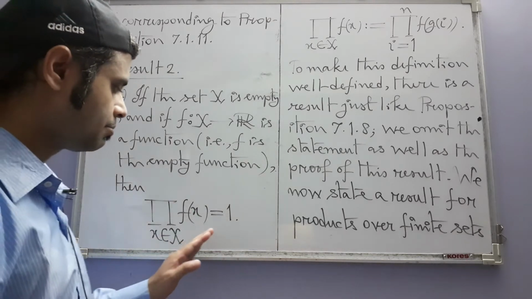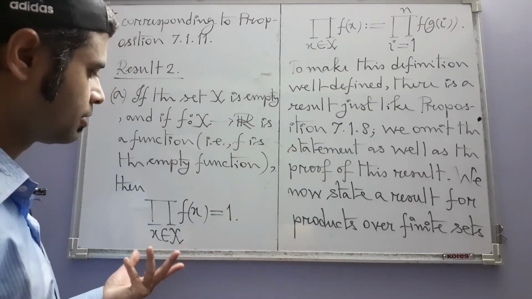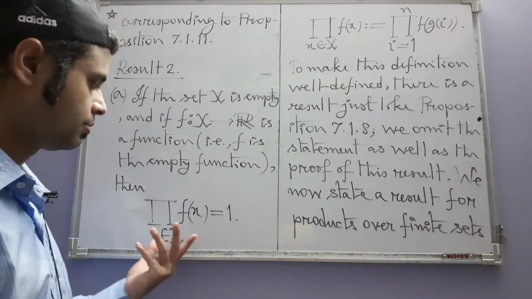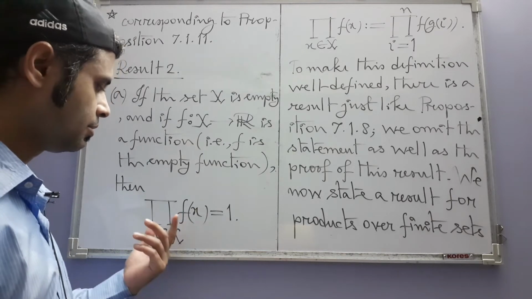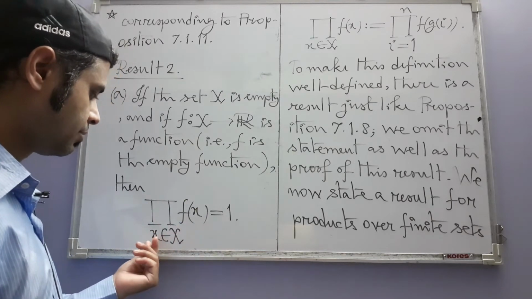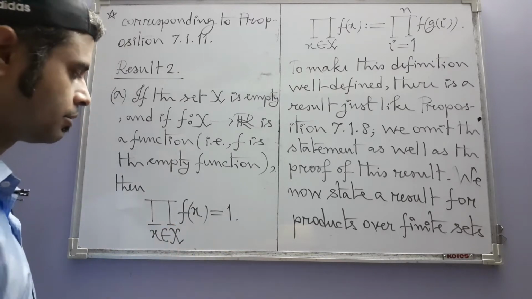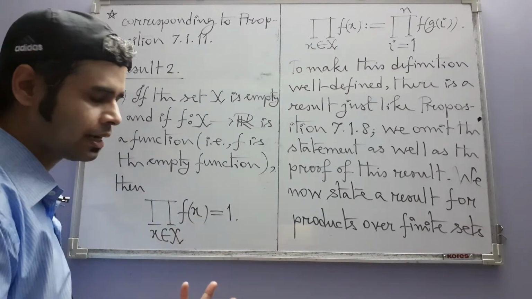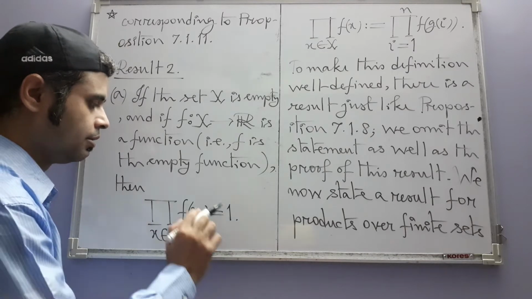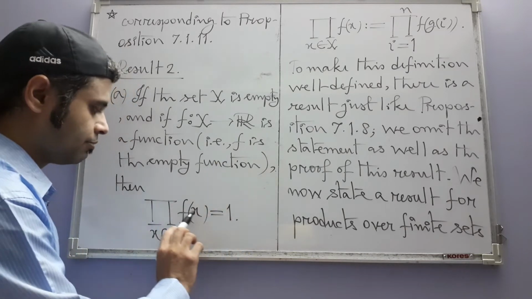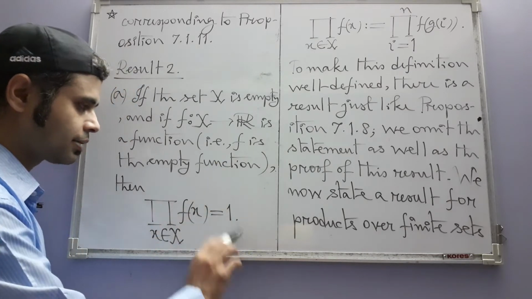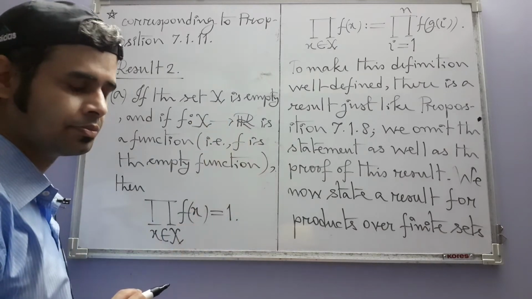In case of sums, we had 0 because the definition of a finite series gives us 0. You can understand what I am trying to say here, that the 0 that we have in case of sums actually comes from the definition.